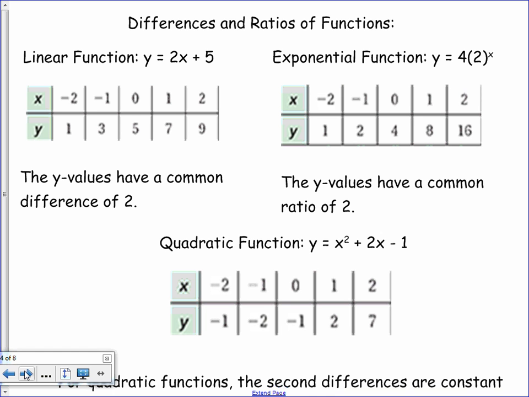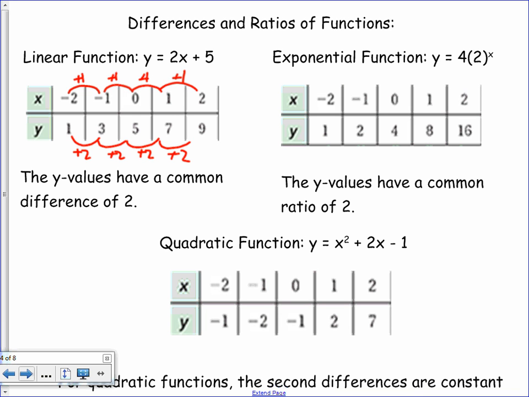Now, this is just giving you some common differences and ratios of functions. Okay, just a chart. So, looking here, you can see to get from x to x with this linear function of y equals 2x plus 5, we're adding 1 each time. And to get to the y's, we're adding 2.